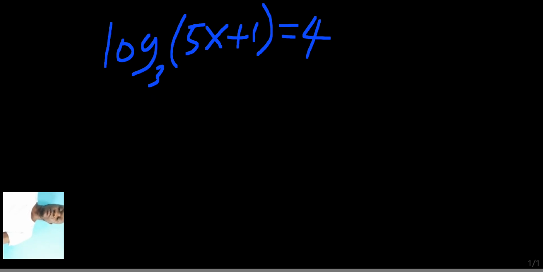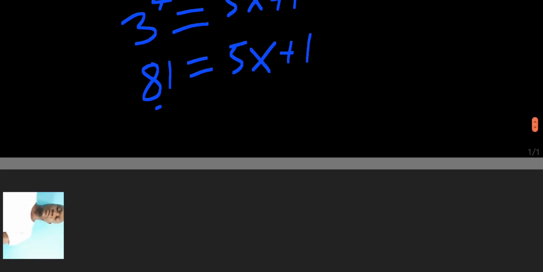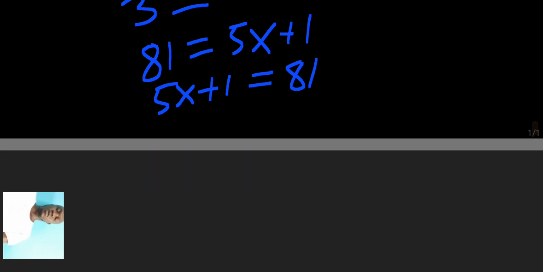So I will now have 3 exponent 4 is equal to whatever I have here, so it will be 5s plus 1. 3 exponent 4 is what? 81. So I have 81 equals 5s plus 1. So this is the same as 5s plus 1 is equal to 81.